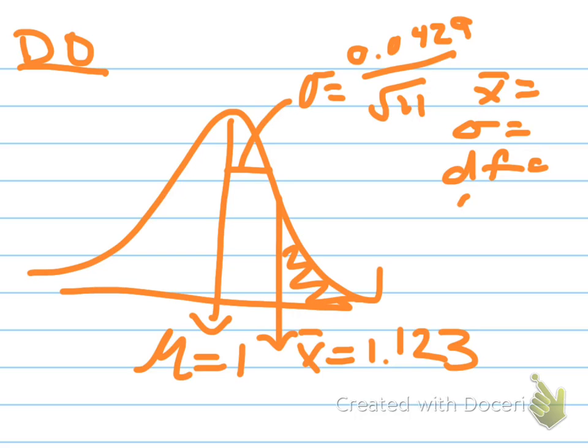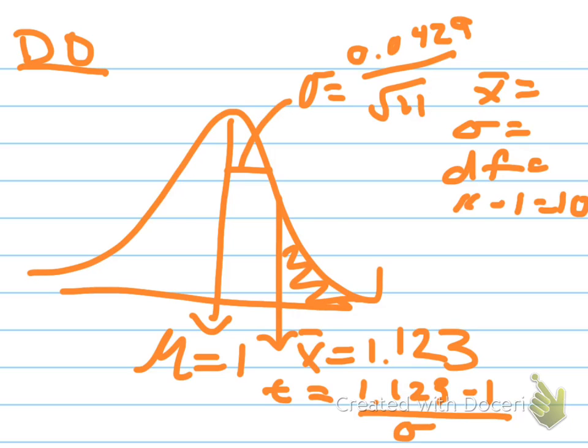Our degrees of freedom are 11 minus 1, which is equal to 10. And now we have to find a t-score. T is equal to our observation, 1.123, minus my mean, divided by my standard deviation, which is up here.